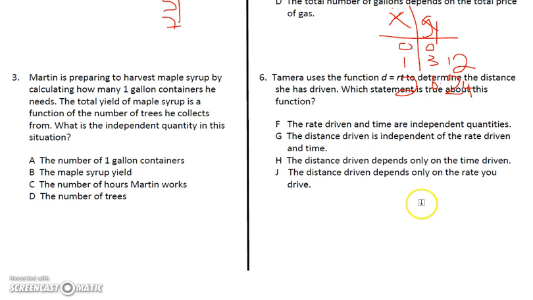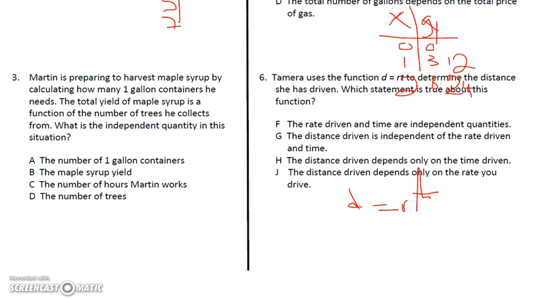Now, the next one is talking about, same thing, D equals RT. And I notice D depends on whatever happens to RT. So I know D is not independent. D has to be dependent. So the distance depends on what? On this product, the product of the rate and the time.